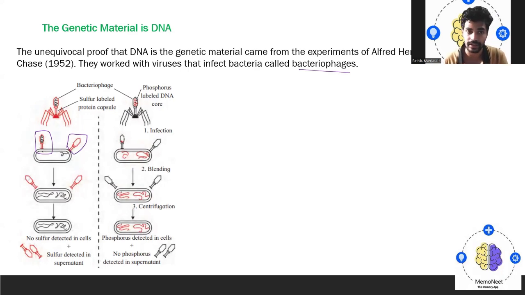The bacterial cell treats the viral genetic material as its own genetic material, and starts to manufacture more viral particles.